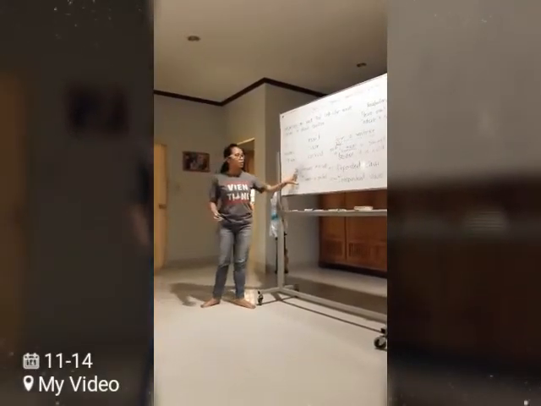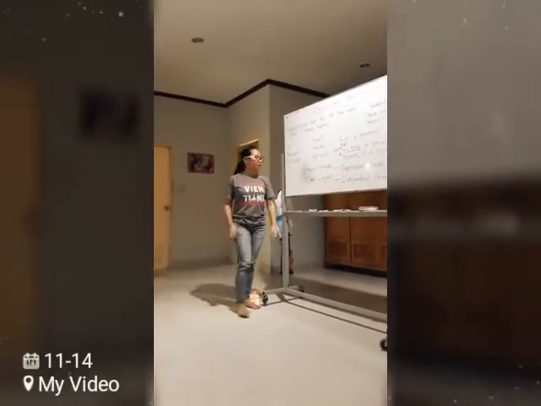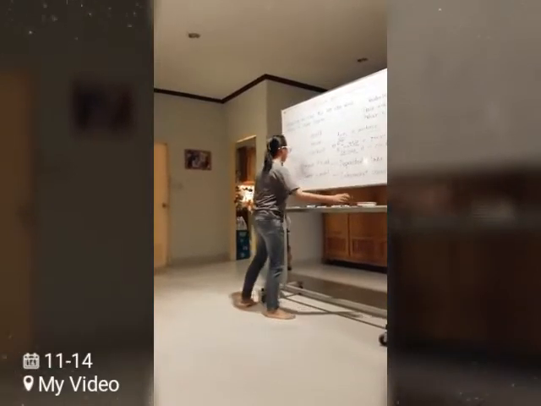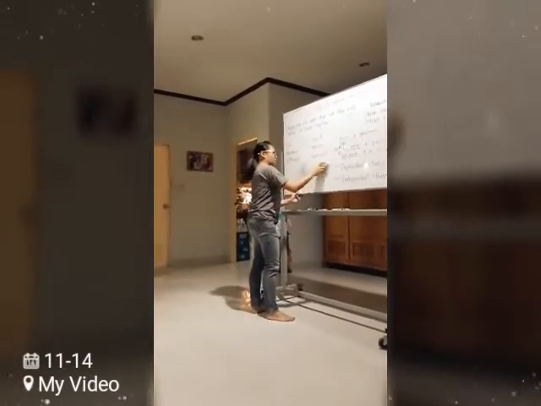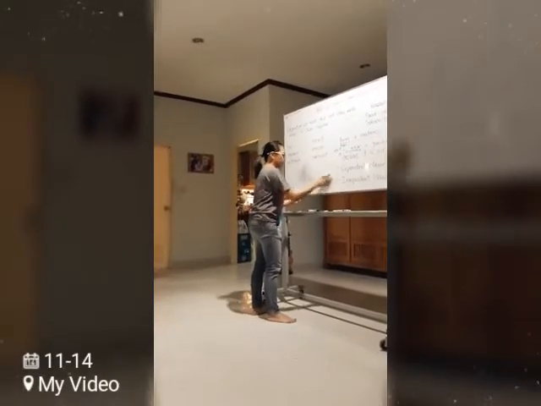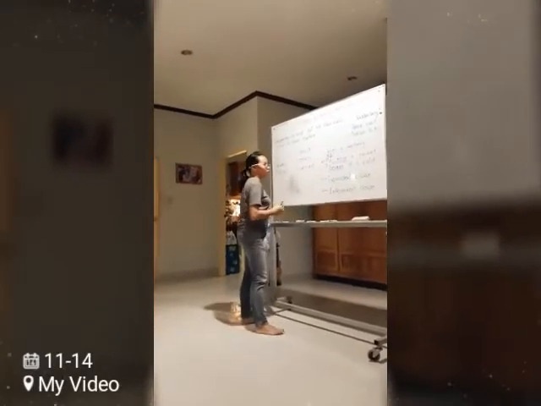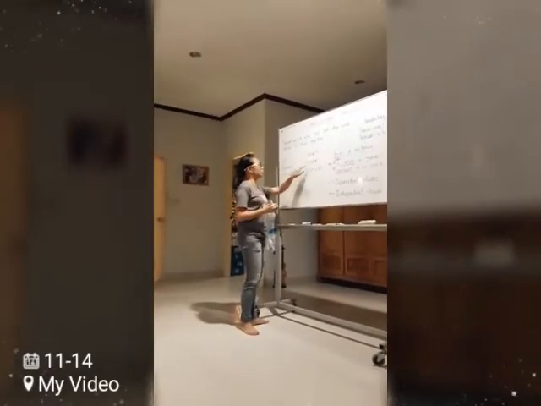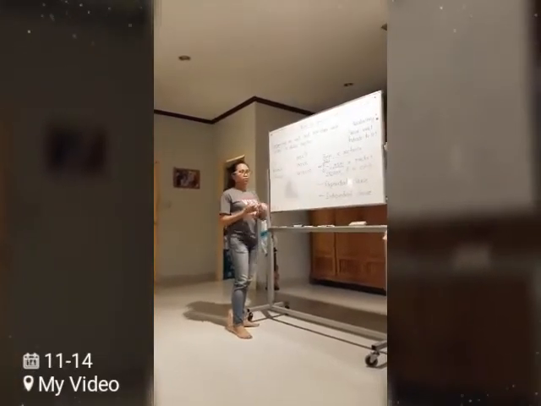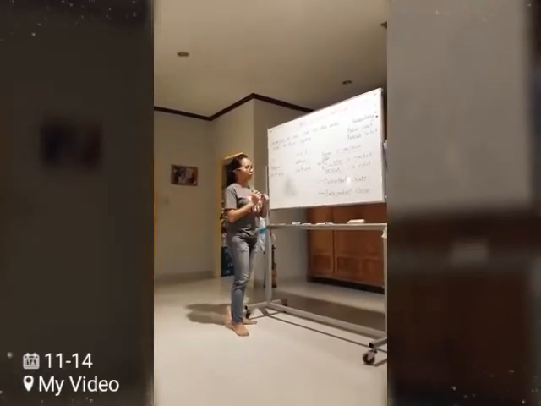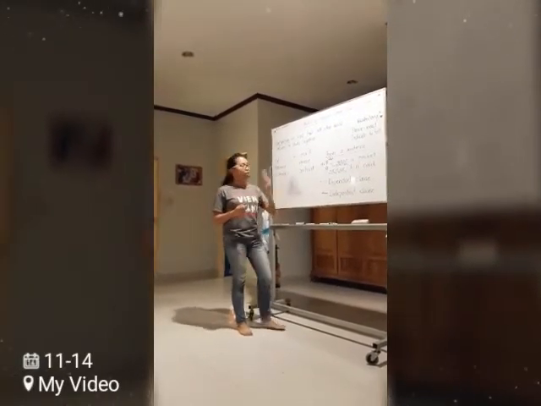Okay, now let's use the same sentence or example, but I'm going to rewrite it and use the conjunction so, because the one we use for reason is because. Now we're going to give the result. Okay, so I wear a jacket because it is cold.